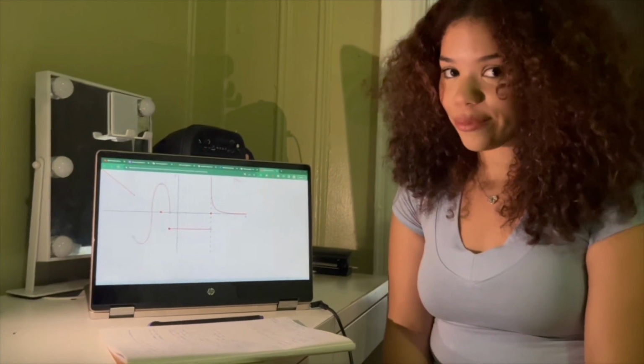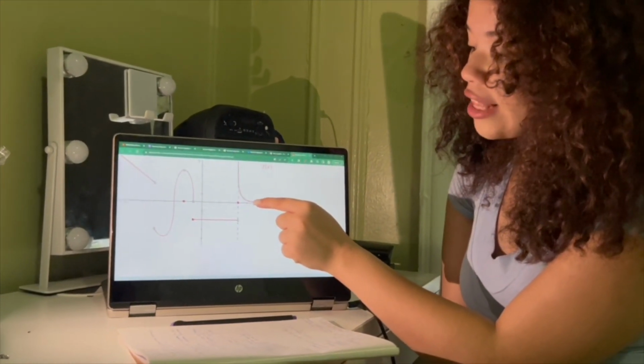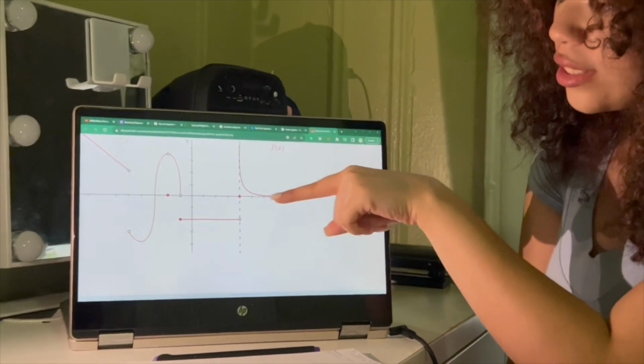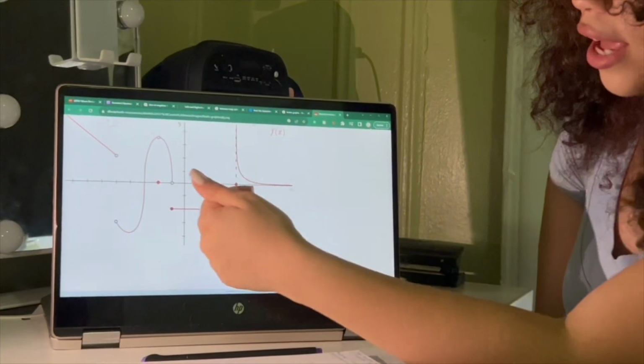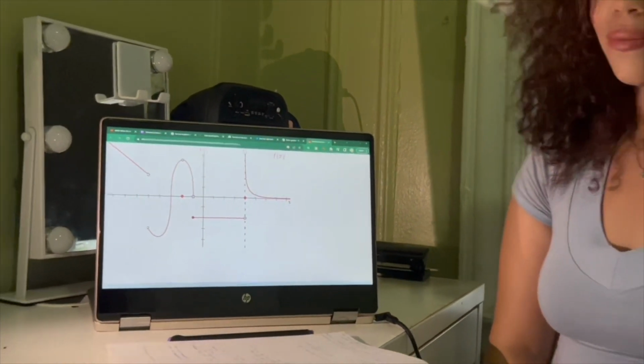So for example, right here, you see that function f of x goes towards the same point from here and towards the same point from the left-hand side. Cool. Also, the limit exists when the limit of x approaching c from the left-hand side equals the limit of x approaching c from the right-hand side.